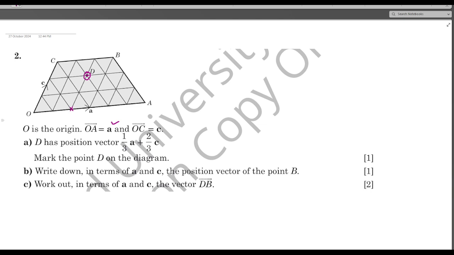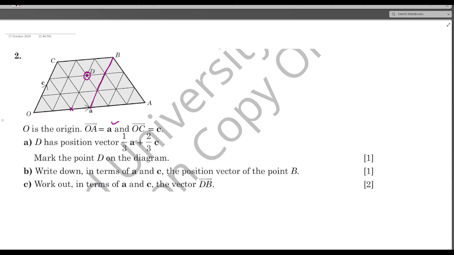Write down in terms of A and C the position vector of the point B. Now for point B, if you see, this line is parallel to this line.